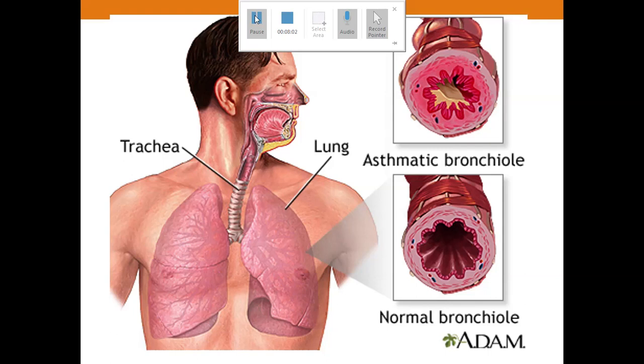Yes, you've got a little bit of a diagram. In somebody who's asthmatic, you can see there that the passage for air to pass through is more constricted than in somebody without asthma.